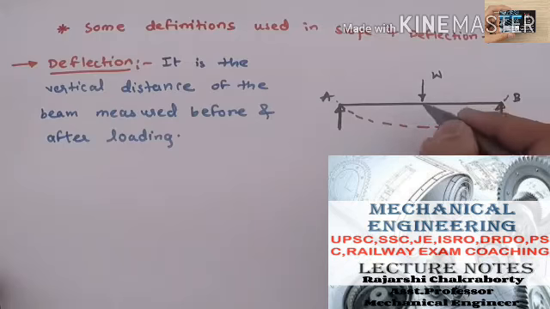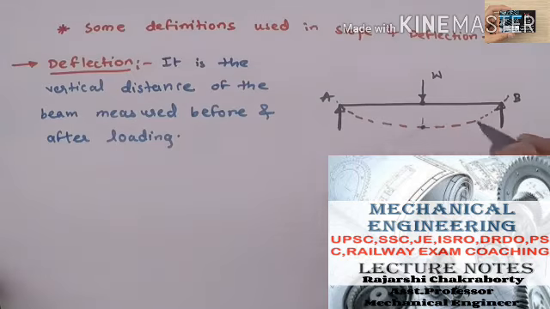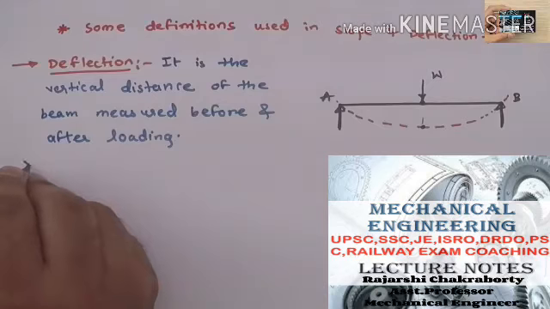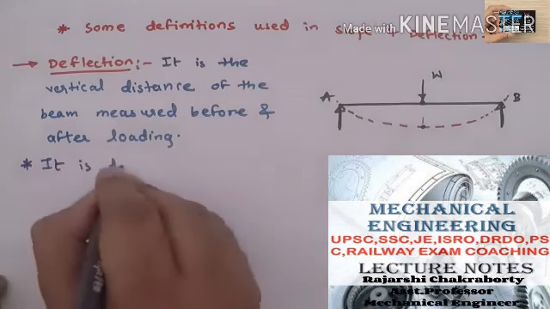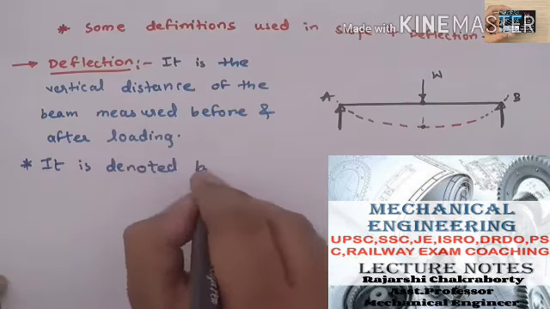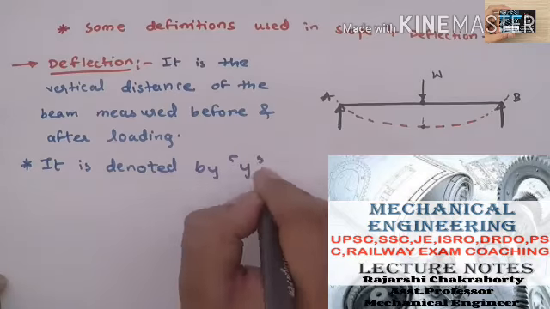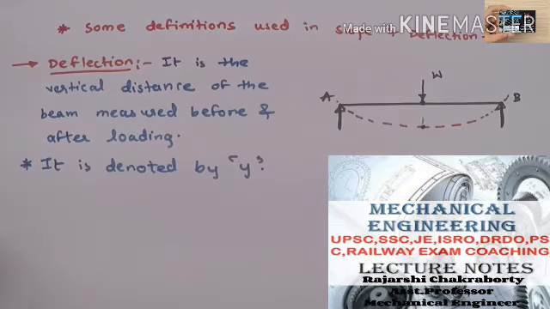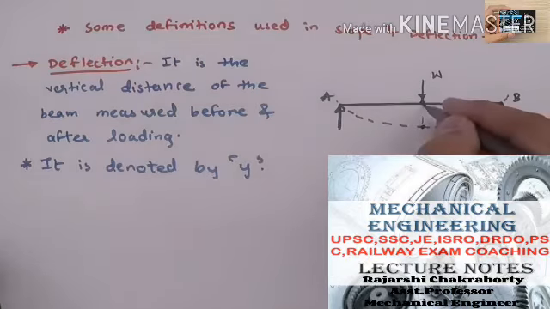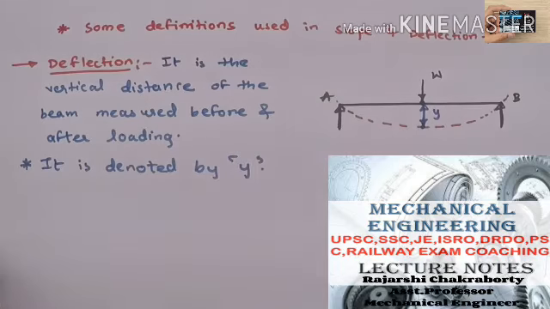That is, before loading the distance is here, and after loading it will reach at this location. So this distance is called deflection, and it is denoted by Y. In this chapter we are going to denote the deflection by Y. So I can say that the deflection here is Y.